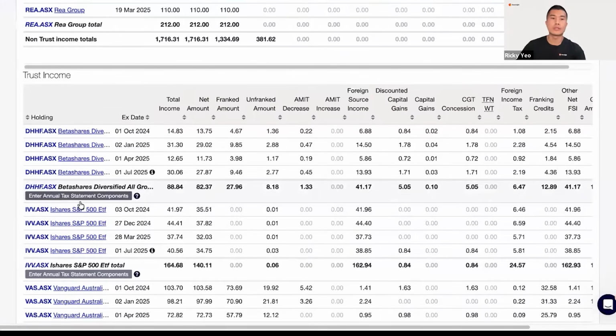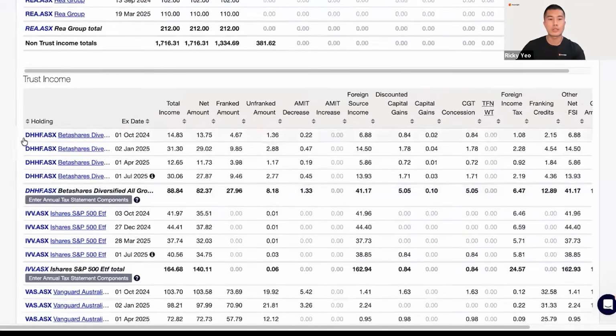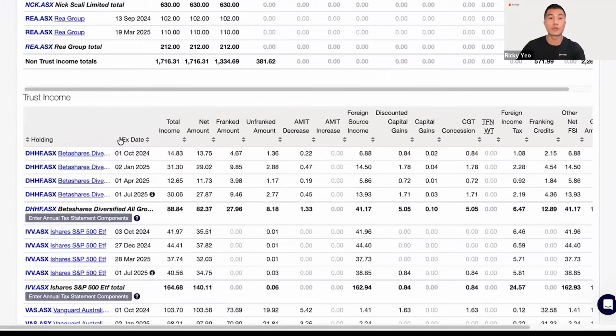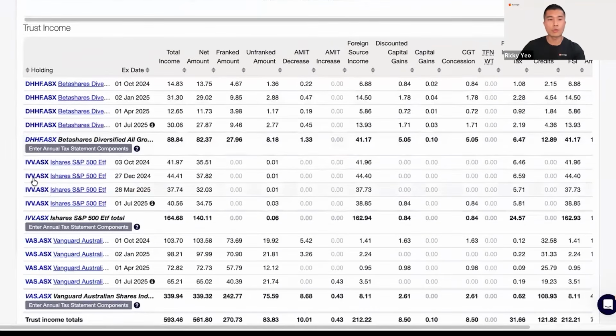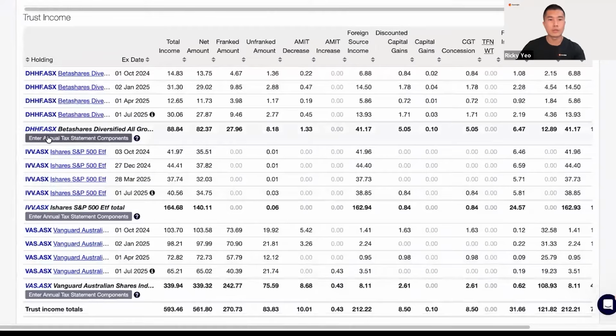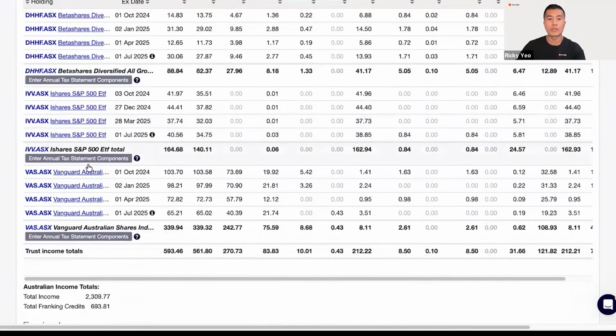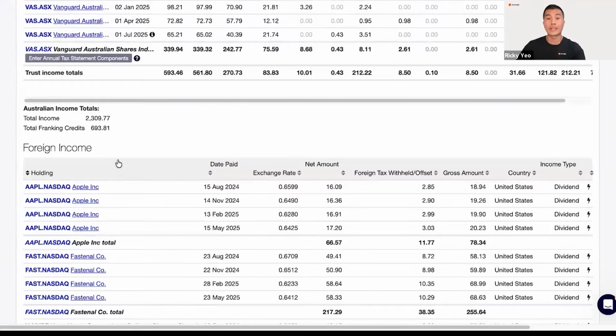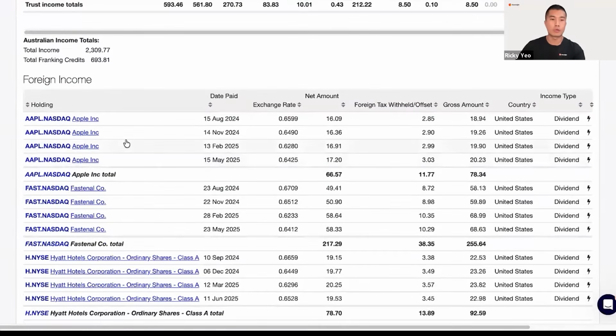You don't need to decide whether something is trust or non-trust, because Sharesight already does that for you. The trust income will have all your ETFs like VAS, IVV, and other kinds of ETFs. And then the last section is the foreign income, which is all your dividends from non-ASX shares.